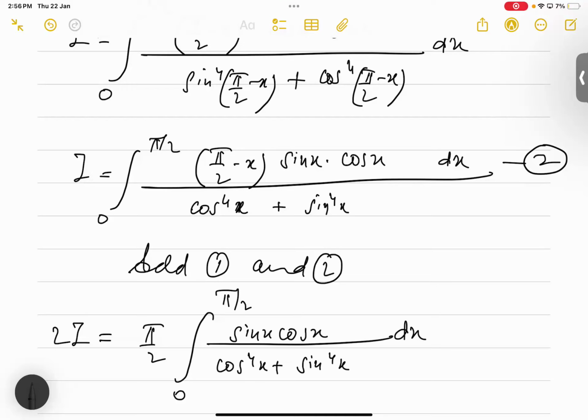Now what? You can convert cos square x. Okay, now first of all, add 1 and 2. Are you getting this? After merging, after cancellation, are you getting this? a minus b, a plus b.